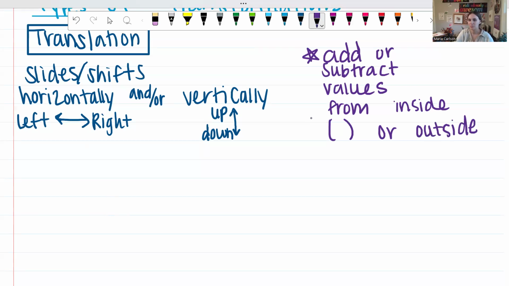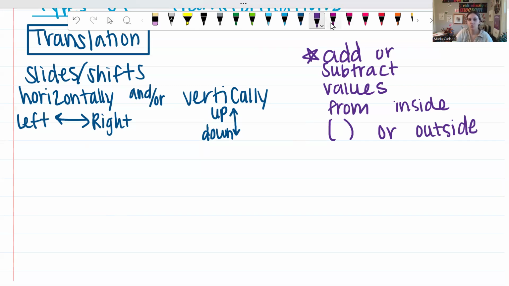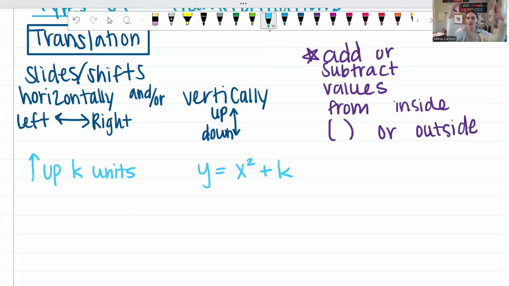And we'll talk about what this means right now. So if you want to shift your parent function up k units, so you want to go up k units, you are going to take your parent function y equals x squared, and you are going to add k outside of the x.